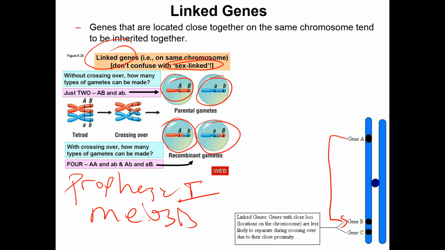The closer two genes are to one another, like B and C, the greater the likelihood that they will be inherited together, and there's going to be a decreased frequency of recombination. In other words, these genes are inherited together. For these genes to not be inherited together, crossing over has to occur that separates the inheritance of genes B and C in this example.